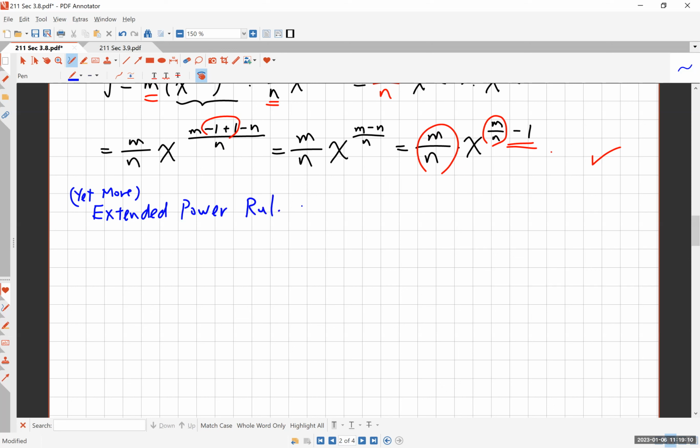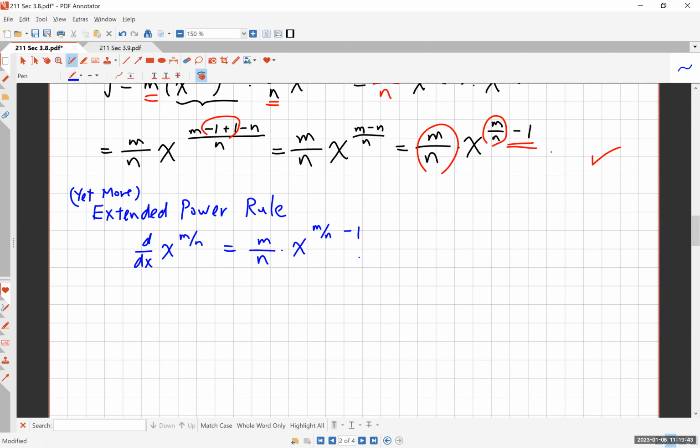The power rule began with the exponent being a positive integer. And then we extended it to include negative integer exponents. And now we are going to include all rational exponents. This one says the derivative of x to any rational power is going to be that rational number as a coefficient times x to the m over n minus 1.